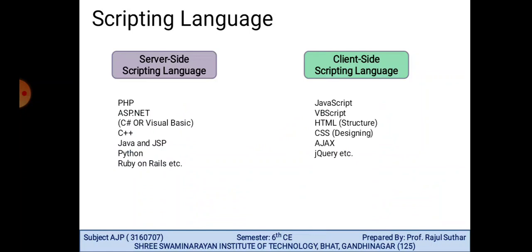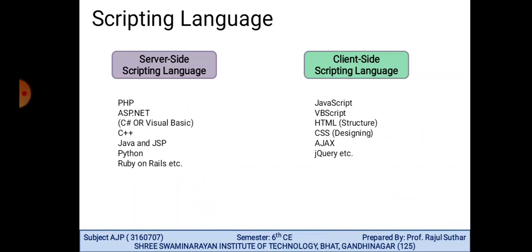For example, PHP is one server-side scripting language, ASP.NET, C# or Visual Basic, C++, Java and JSP, Python, Ruby on Rails, etc. All these are server-side scripting languages because we need a server. But instead of a server, we can directly run a static page by using a client-side scripting language.